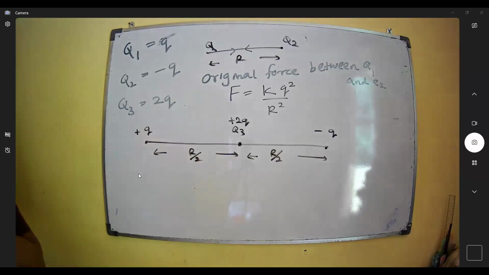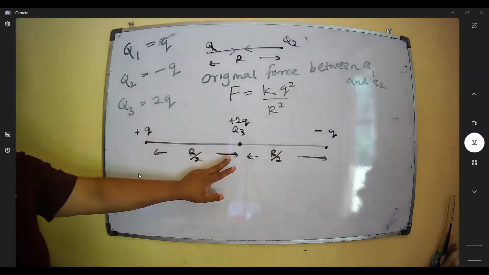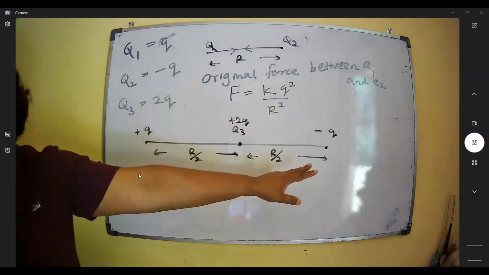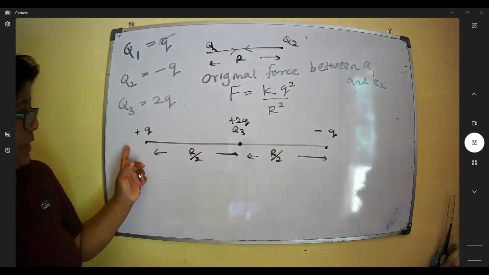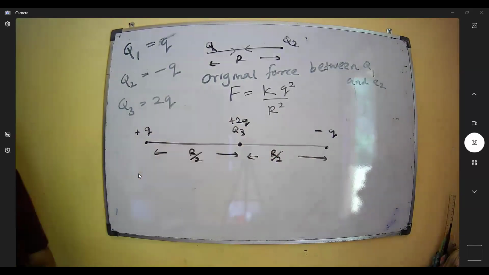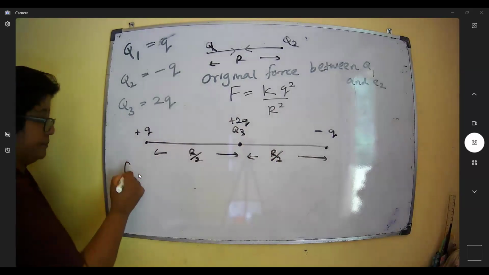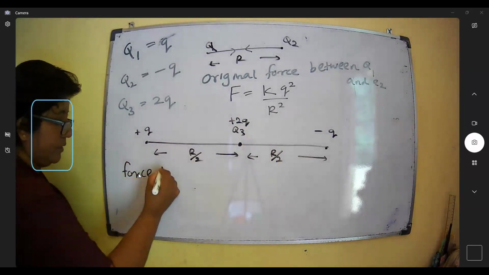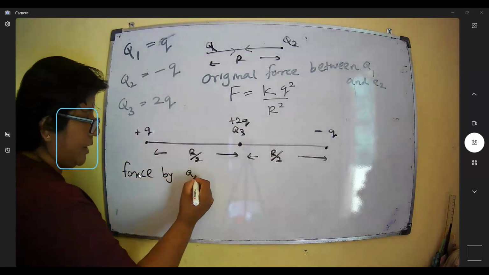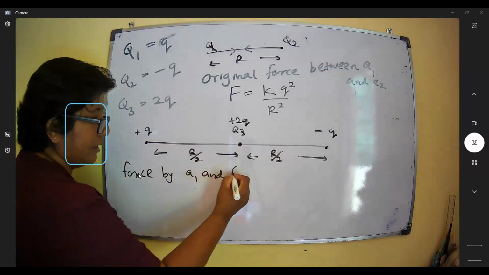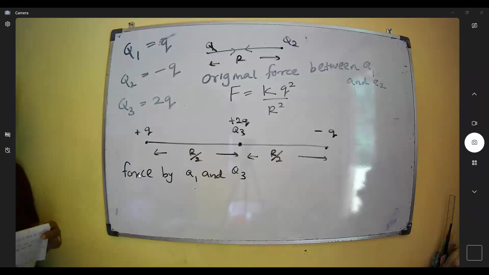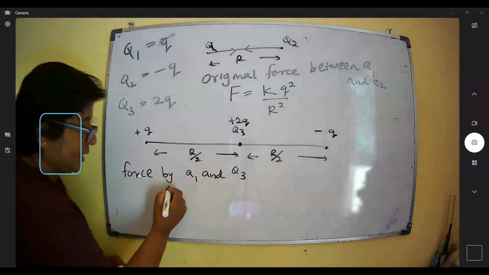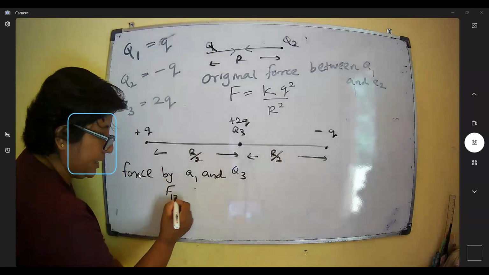One is the force between Q1 and Q3, and the other is the force between Q3 and Q2. Between Q3 and Q2 there is a force, and between Q1 and Q3 there is a force, right? Then we can write Coulomb's law for the force between Q1 and Q3. I am taking it as F13.